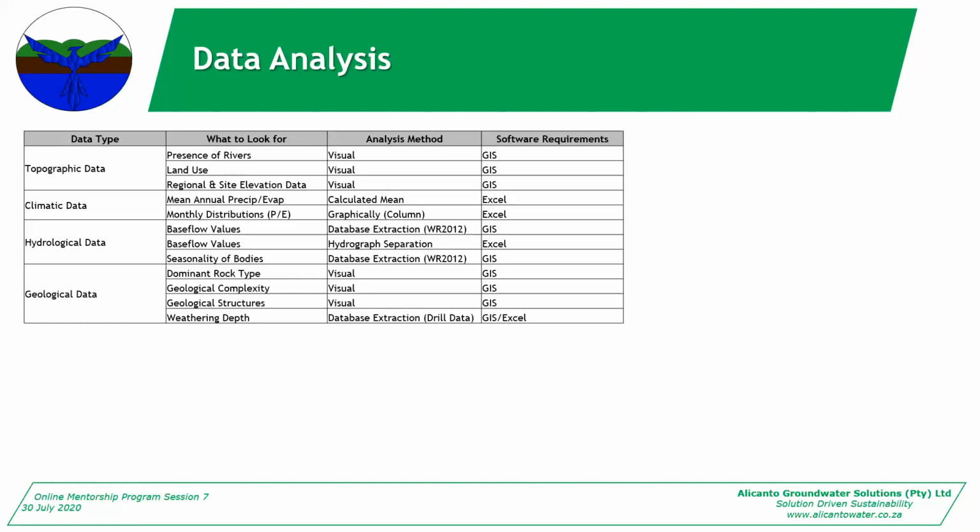And then your weathering depth, which you'll typically get from your drill database. It's either in GIS or Excel. And your weathering depth is important for your recharge and your storage of water. If you've got a shallow weathering depth, you get a little bit more runoff in general.